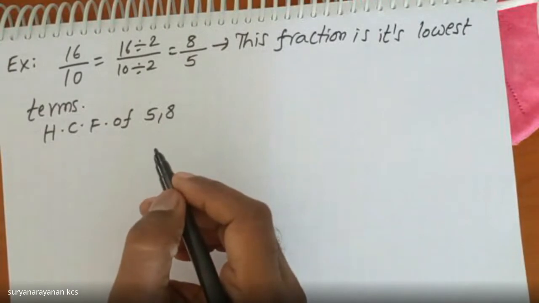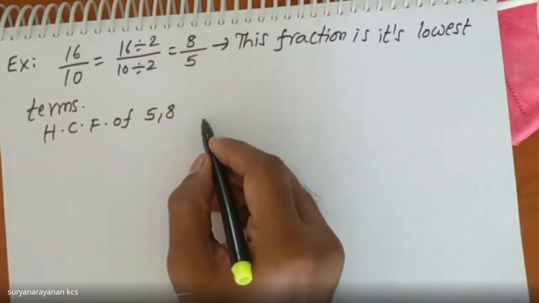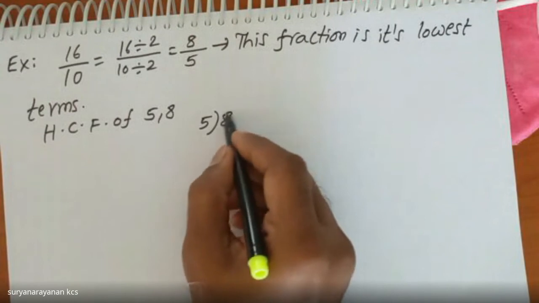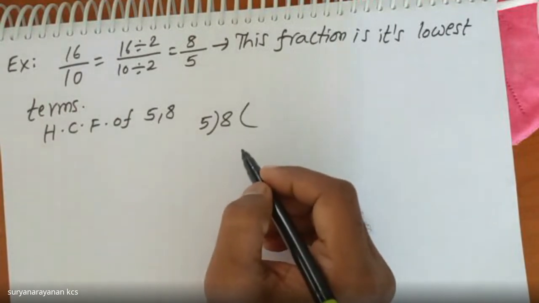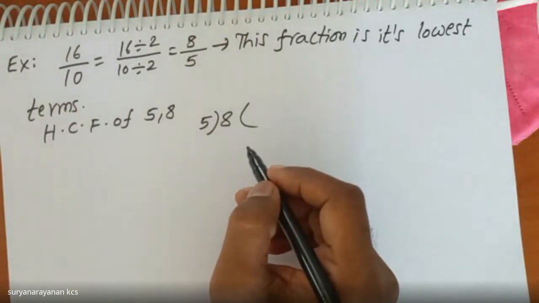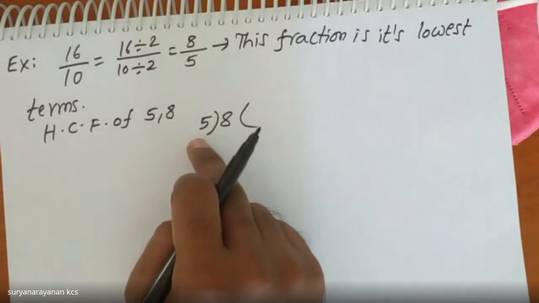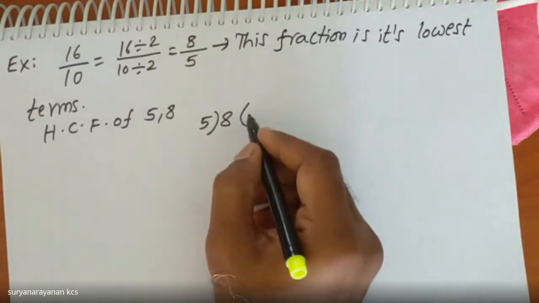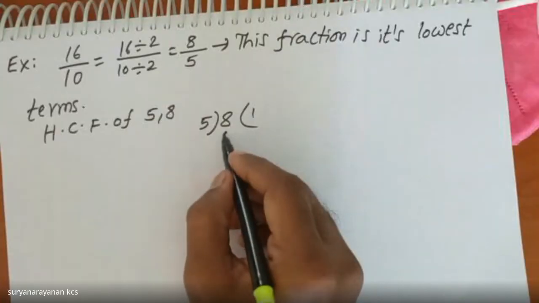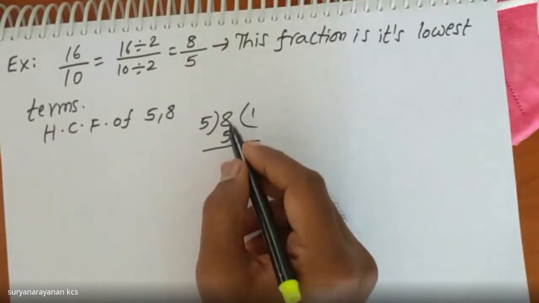I use the division method here. So we divide the bigger number by the smaller number. Here the bigger number is 8, so we divide 8 by the smaller number 5. How many times does 5 go in 8? 1 time. What is the remainder here? 3.